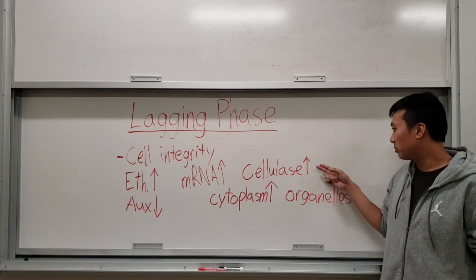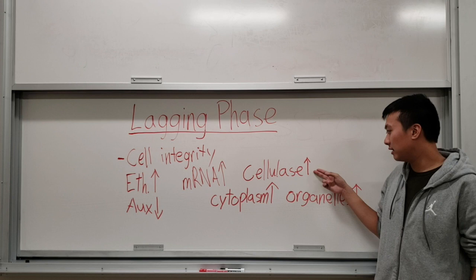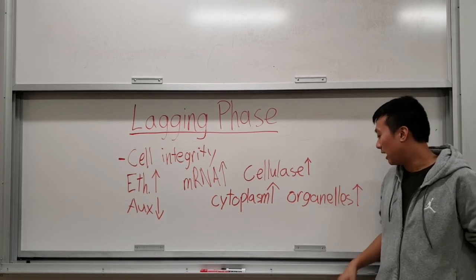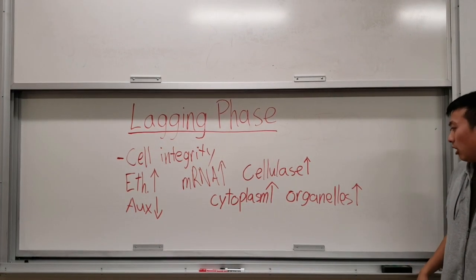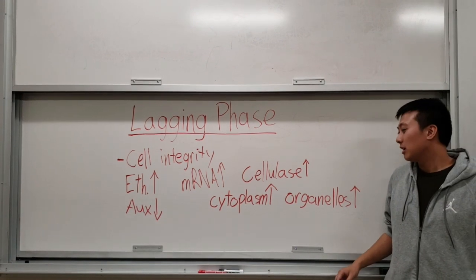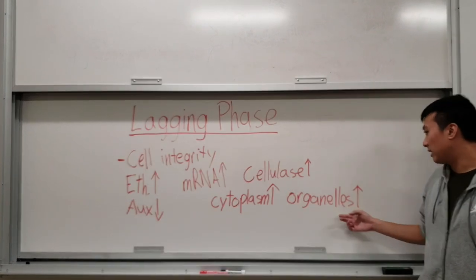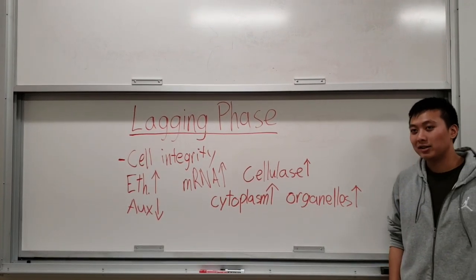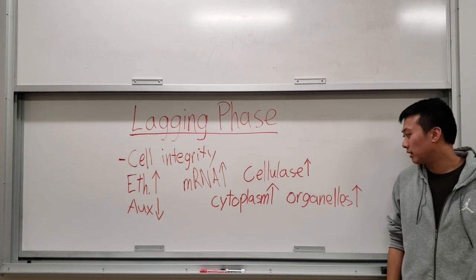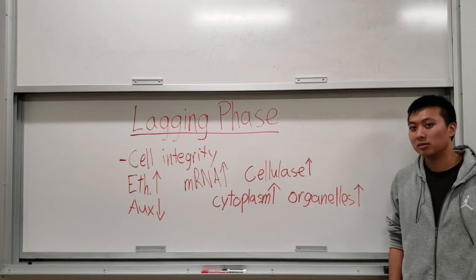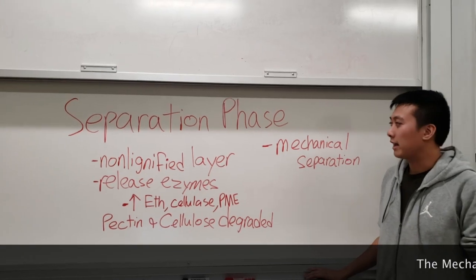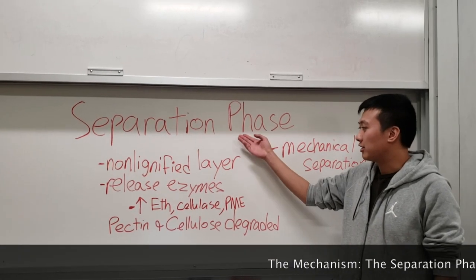And this cellulase will be later used to weaken the cell wall and cause abscission. Also, for unknown reasons, the cytoplasm and the organelles at the separation site will begin to increase and the cells will grow.